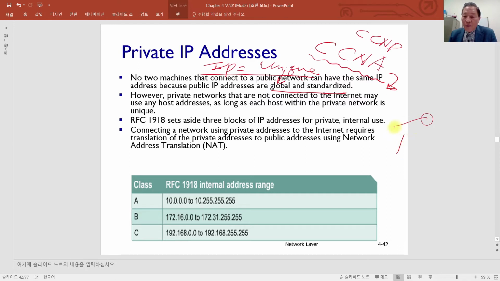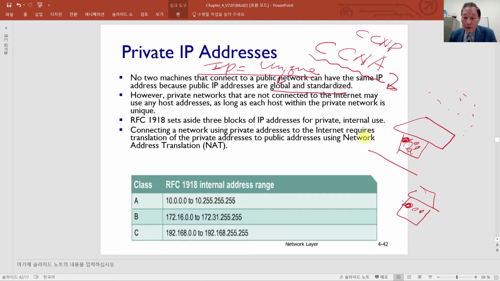Think about our home, where we are using many computers and notebooks. If those are private IP addresses, the same IP addresses may be used in other homes, worldwide, in many places, because that is not unique. The same one here can be used.